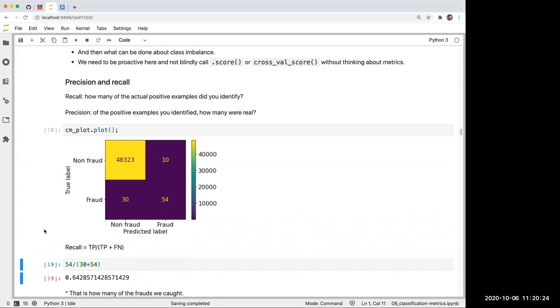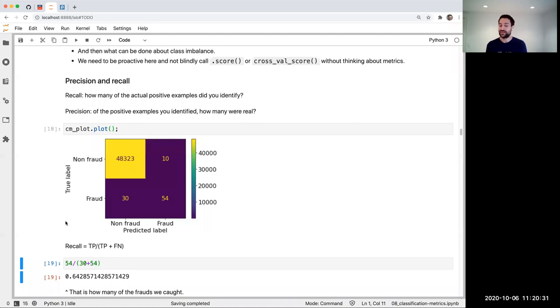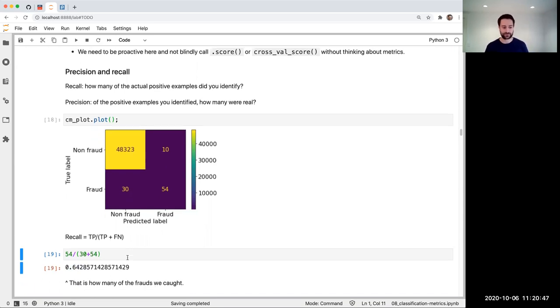We only found 64% of the frauds. I don't know if this is the greatest fraud detection system ever. And yet, the accuracy was 99.9% because almost all of them are not frauds, and we're identifying them as not frauds. And so this score tells the story a lot more than the 99% accuracy.